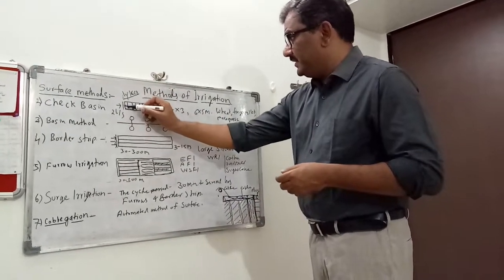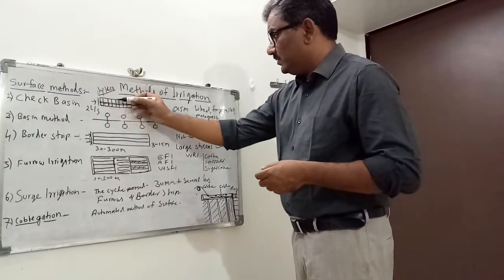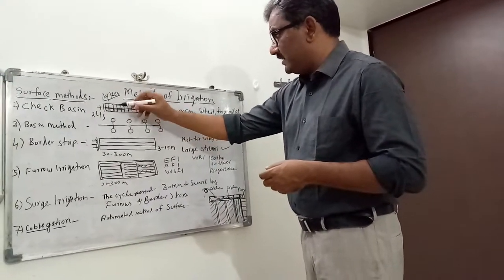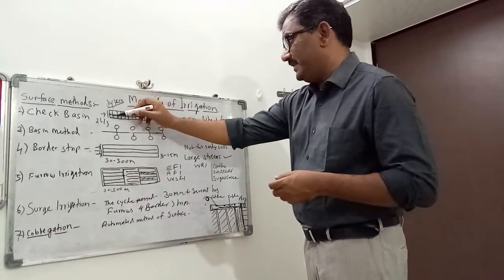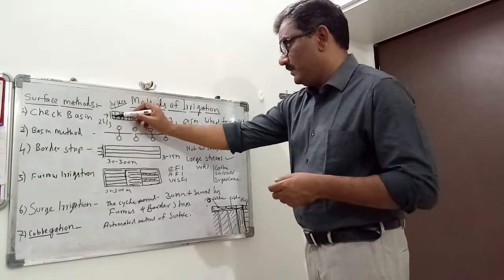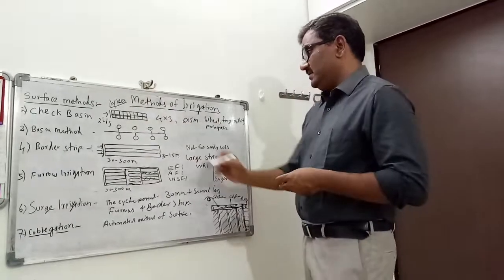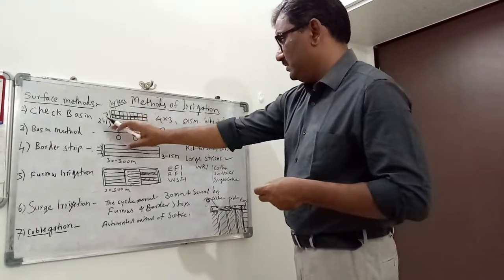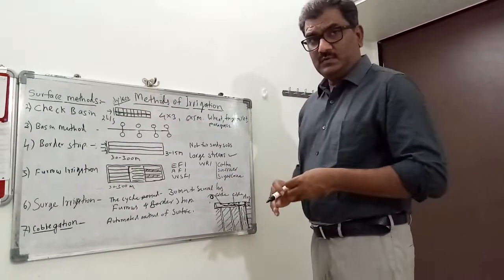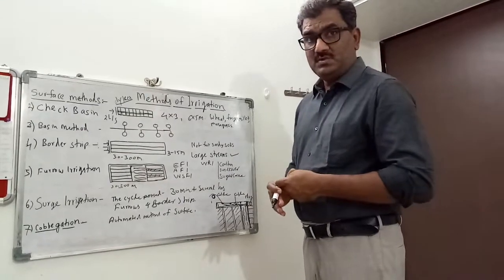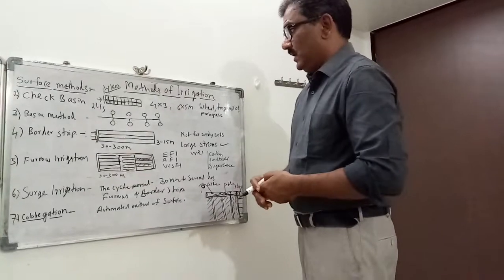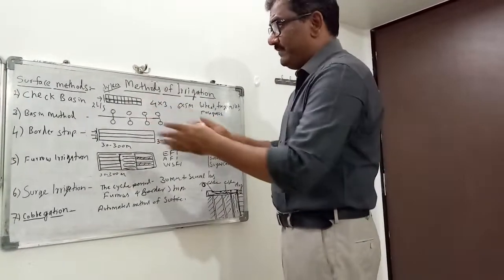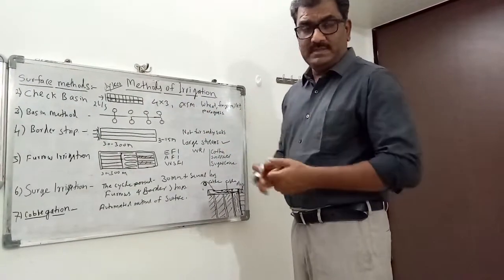Water is applied in the channel, on both sides of which there are basins where we apply the water alternately. In this case we use a small stream size, so we can irrigate the plot very well.